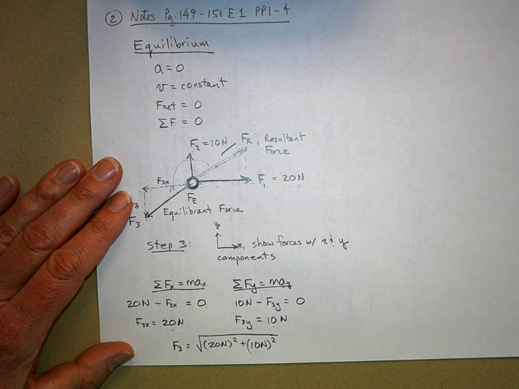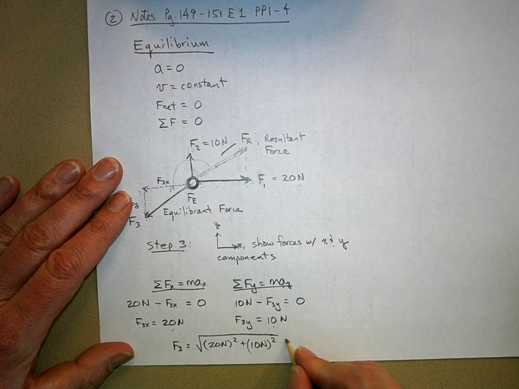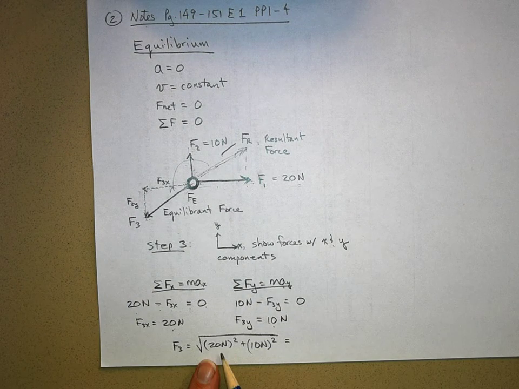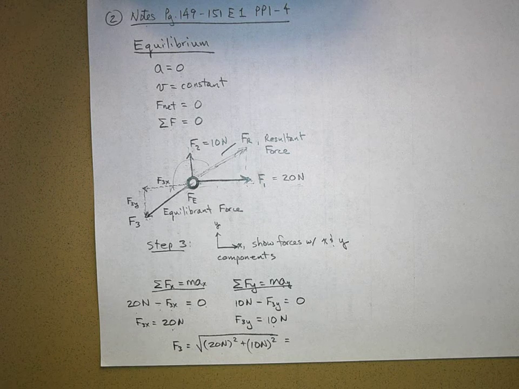And what do I get? Well, this is 400 plus 100. It's the square root of 500. So where's my square root button? Square root of 500, 22.4.